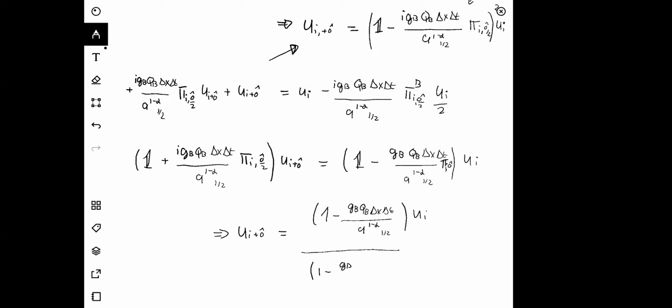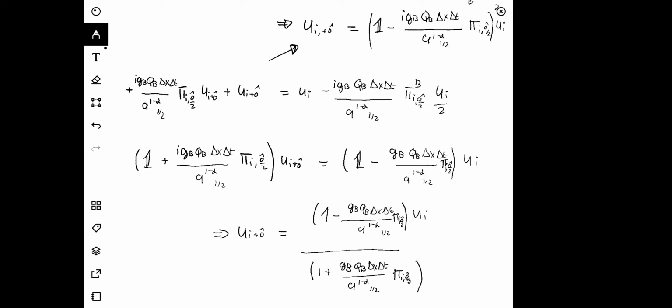For 2 GB QB delta X delta T A1 minus alpha 1/2 times pi I 0 2 pi I 0 2. It's a plus. Yeah.